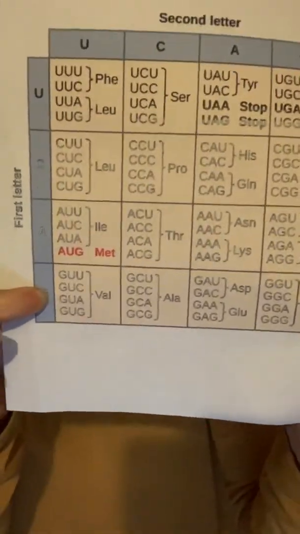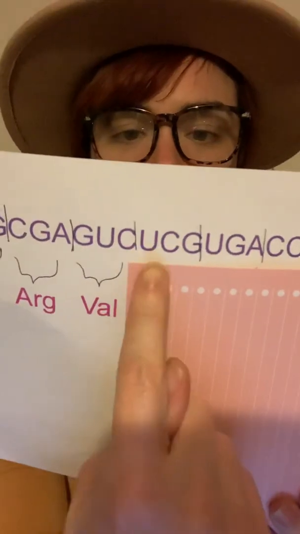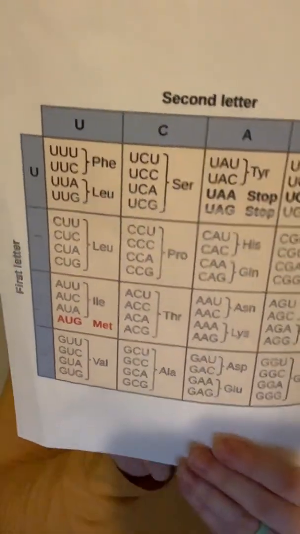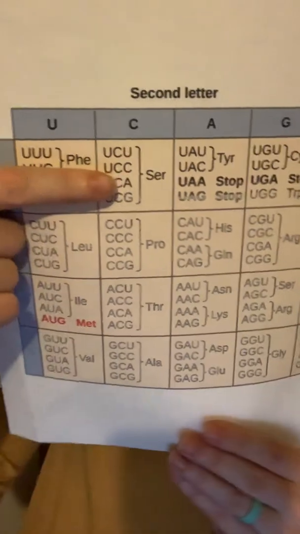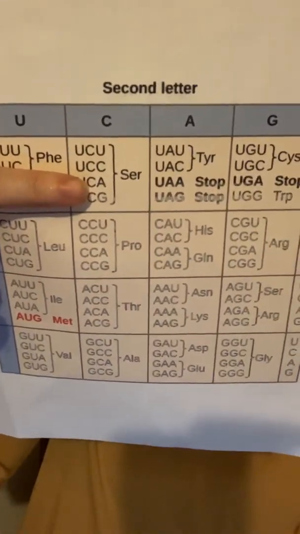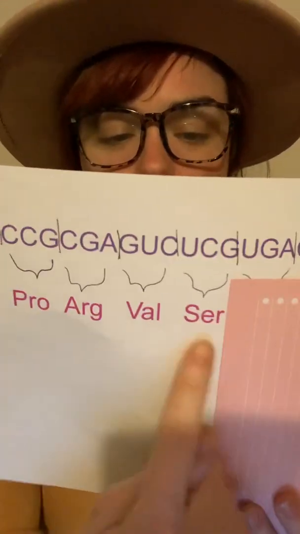You see that? Valine. Okay. And then we're going to go next to this UCG. Okay. So where is UCG on our chart? That is going to be right here. And that translates into the amino acid serine. Okay, so we have serine right there.